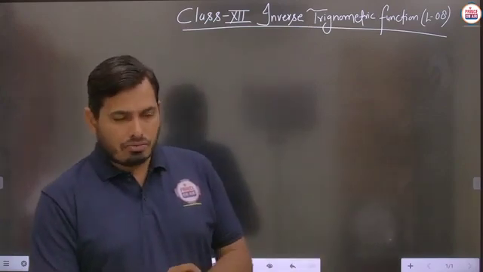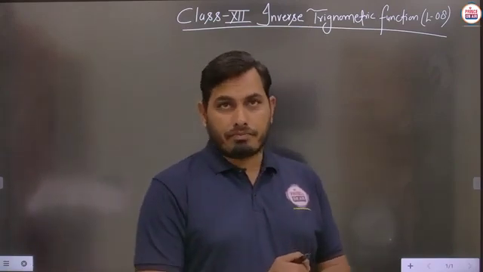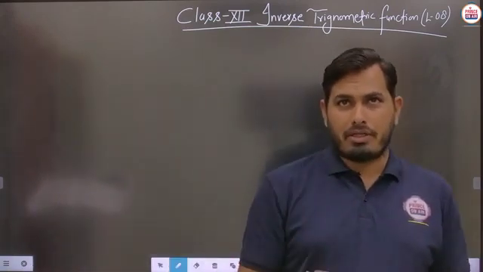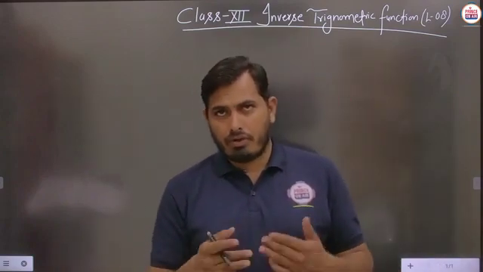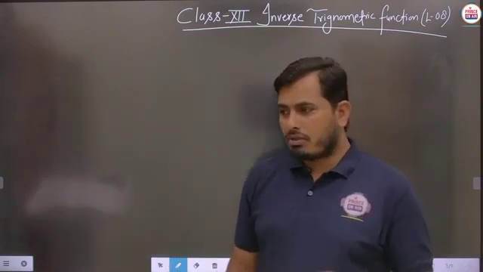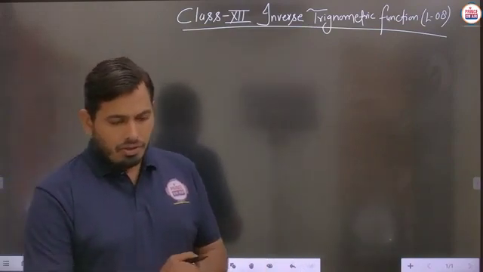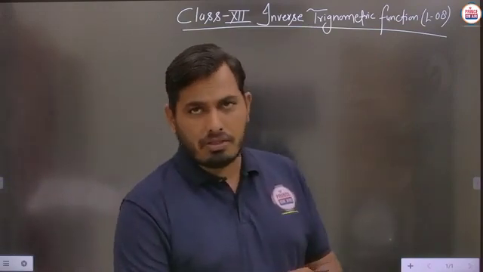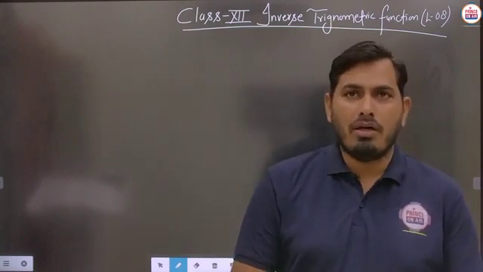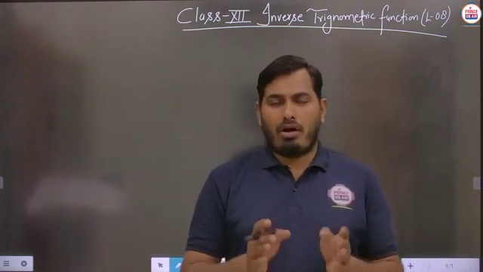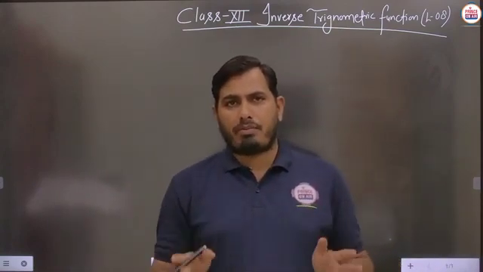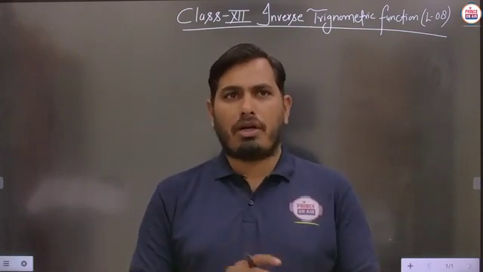In this section, students, today we are going to proceed with the properties section, and today we have to discuss a very important part, that is property number 5. In this property we will discuss some basic parts of the addition and subtraction of inverse trigonometric functions.